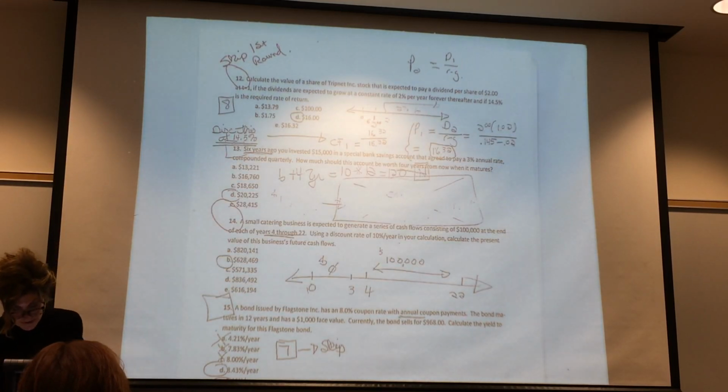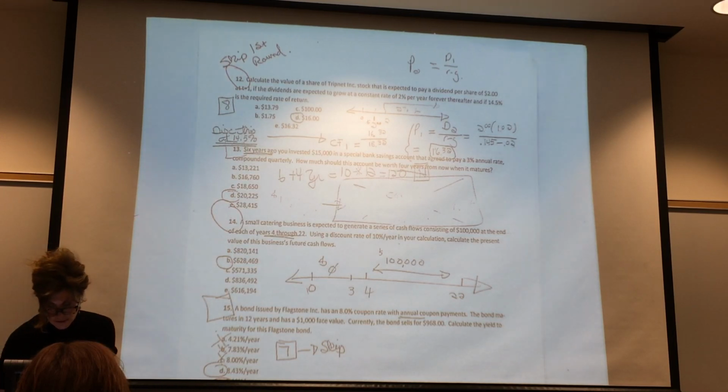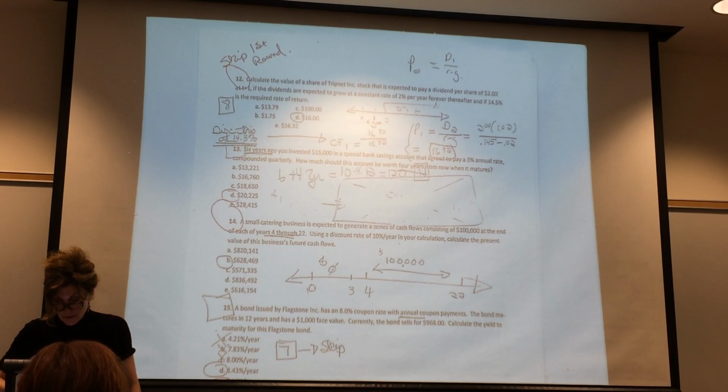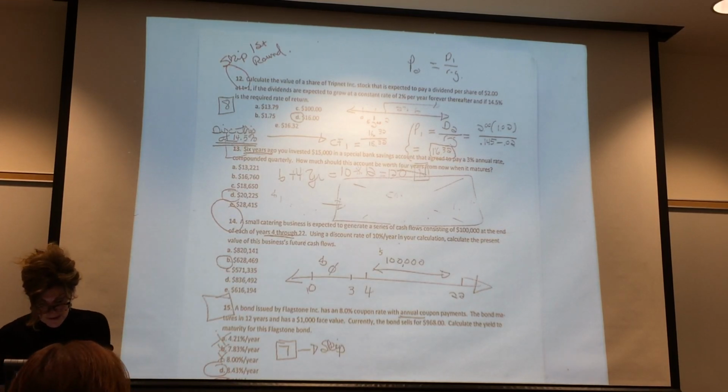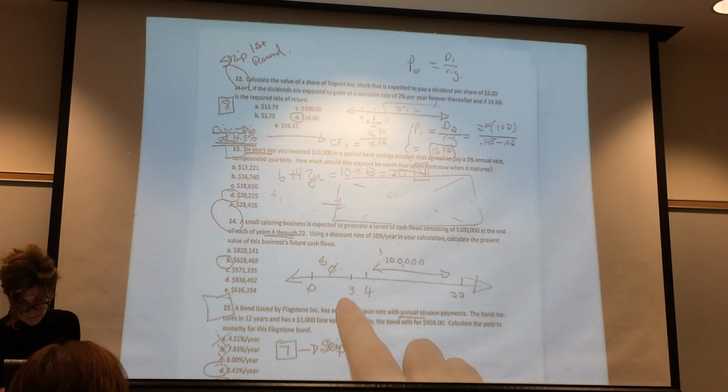A small catering business is expected to generate a series of cash flows consisting of $100,000 at the end of each of years 4 through 22. Using a discount rate of 10% a year in your calculation, calculate the present value of this business's future cash flows. So you have nothing, period 0 through 3.